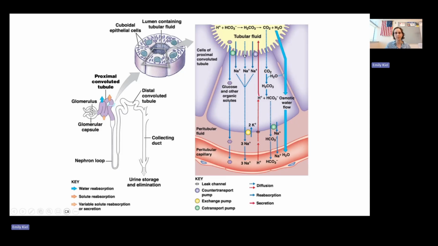And then there is some here, if we need to, that can be exchanged with potassium. We're not talking as much about this particular pump in this unit. And we've also got some changes occurring to help with pH, moving bicarbonate along with sodium. And as all of this sodium comes into the peritubular capillary, the water is going to follow.